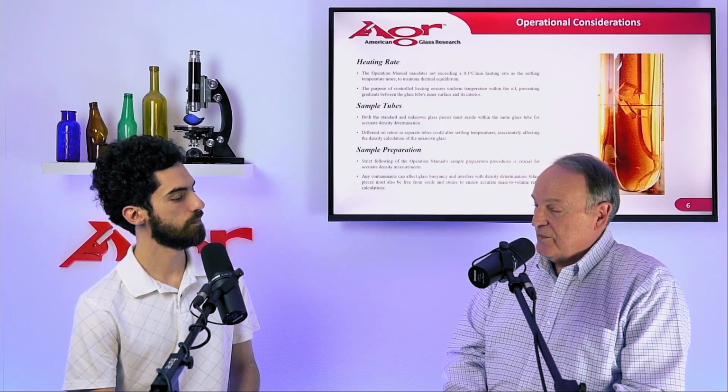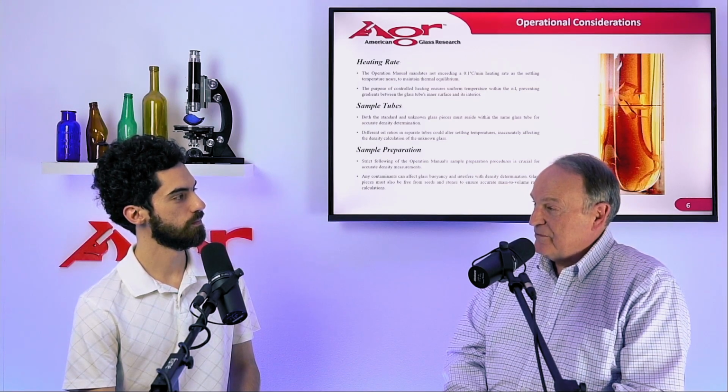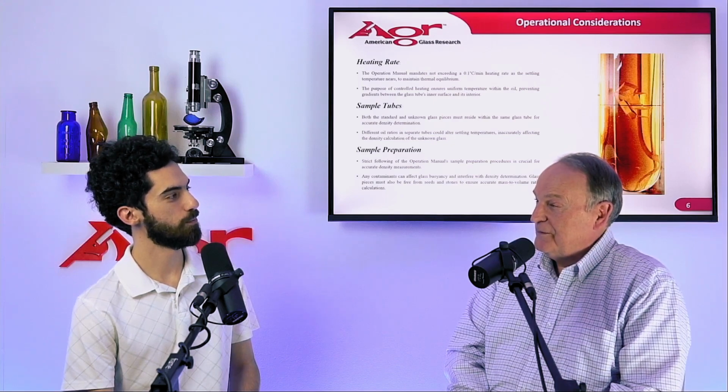So instead of your multiple pieces falling past the reference line together, they'll spread out in temperature. And that's a pretty good indication that you might have a problem. Might have a problem with cord.